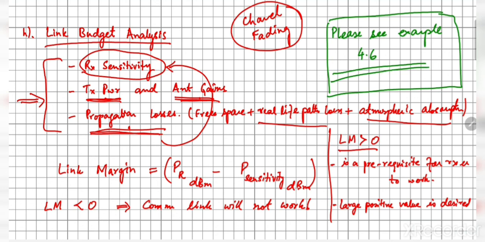This example will help you understand how the link budget analysis is carried out, and how we can predict whether or not a particular communication link would work for a given modulation scheme, for given assumptions of propagation losses.